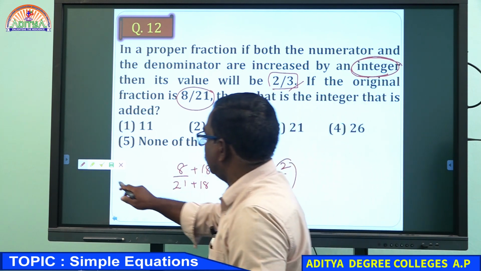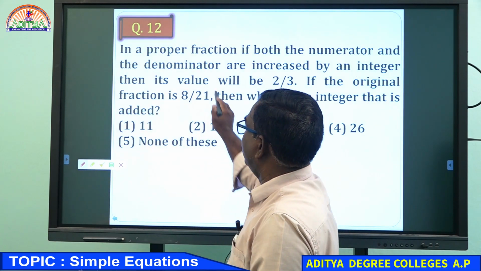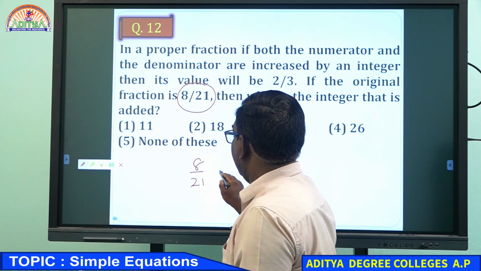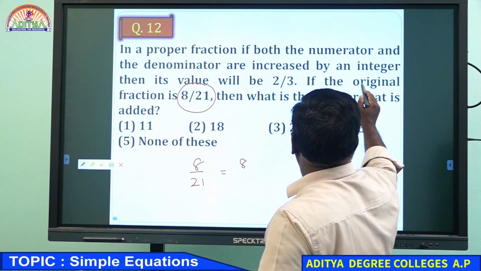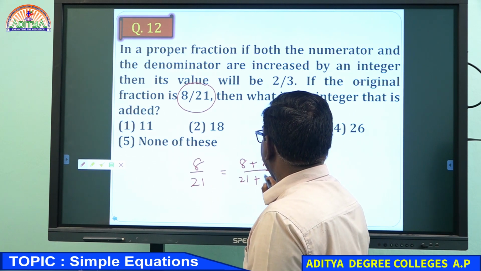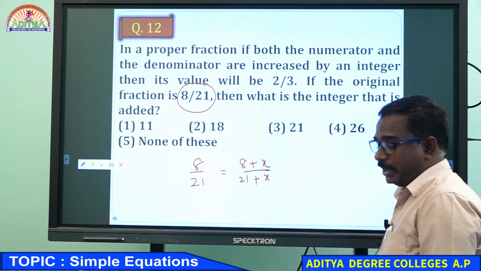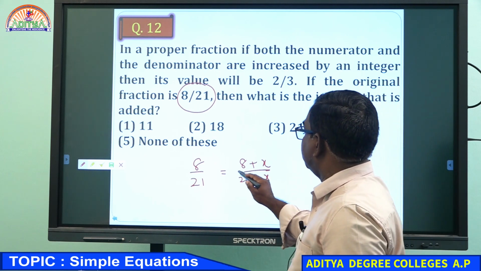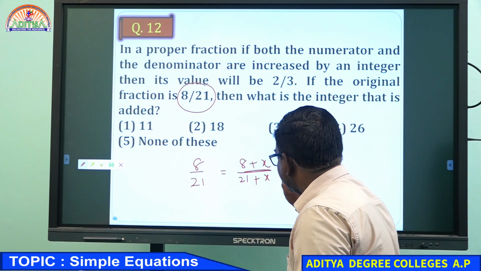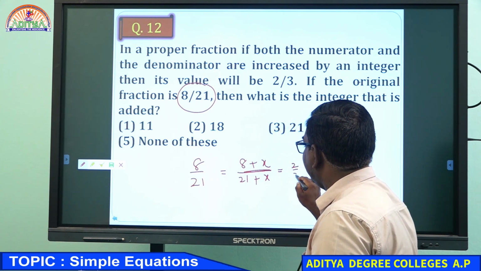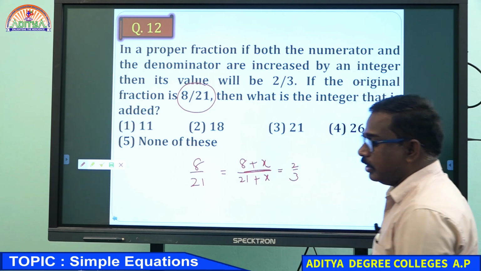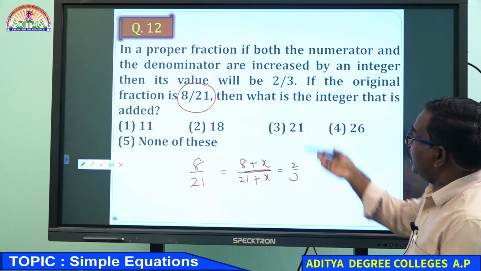Suppose options were not given, then how to do it? Take the original fraction 8 by 21. The integer that is added, you take as x. 8 plus x by 21 plus x is equal to 2 by 3. After adding the integer to both numerator and denominator, the value becomes 2 by 3.